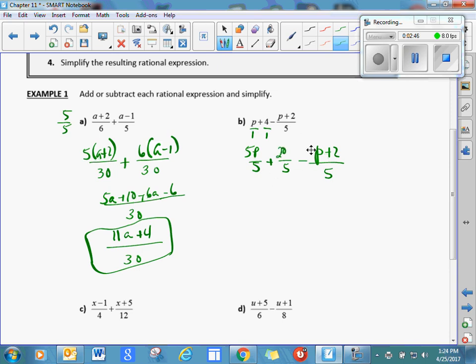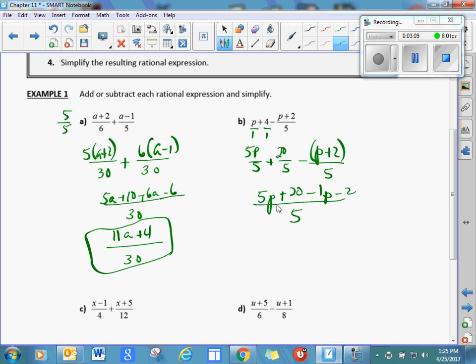So now noticing I've got this third term I'm subtracting, so you may want to go ahead and put parentheses, a grouping symbol, around there to remind you that this negative sign is going to distribute to each term that's on the inside of the grouping symbol. Single fraction bar, 5p plus 20 minus 1 more p minus 2.